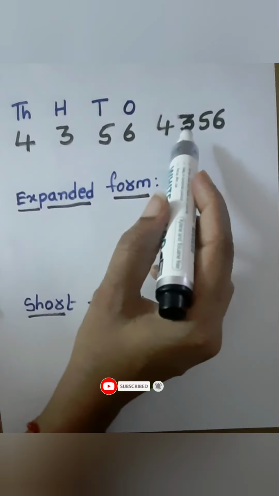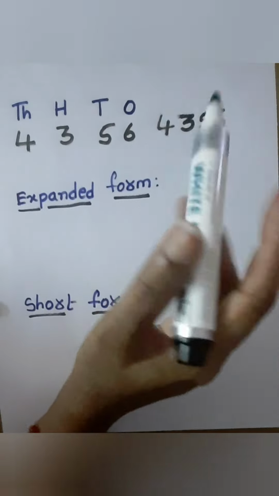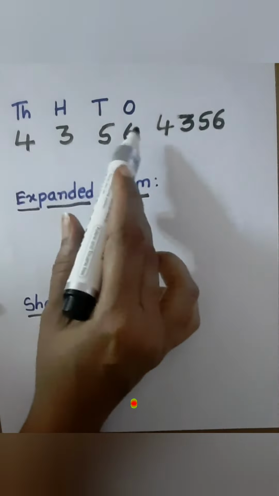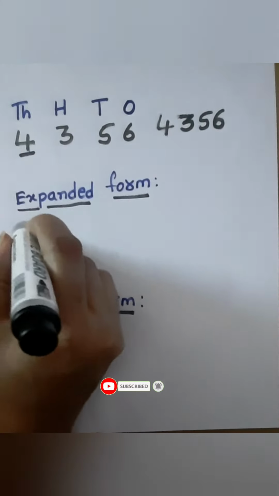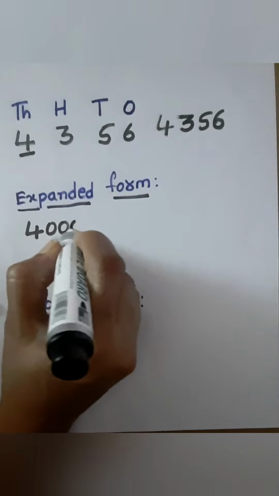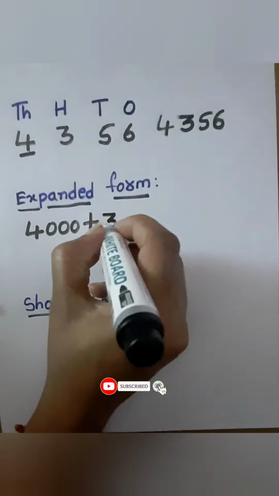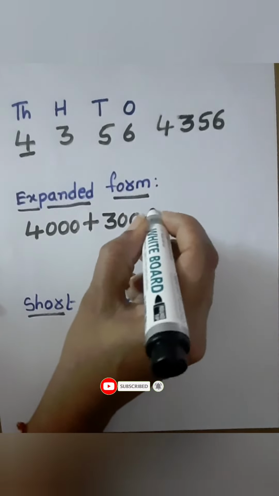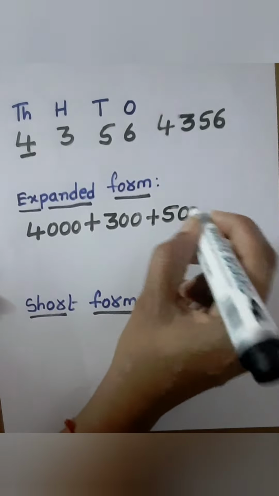How can we read this number? 4356. How can we expand? First 4. 4 is in the thousands place, so 4000, plus 3 is in the hundreds place, so 300. That is 3 into 100, 300. 5 is in the tens place, that means 5 into 10, 50. And 6 is in the ones place.